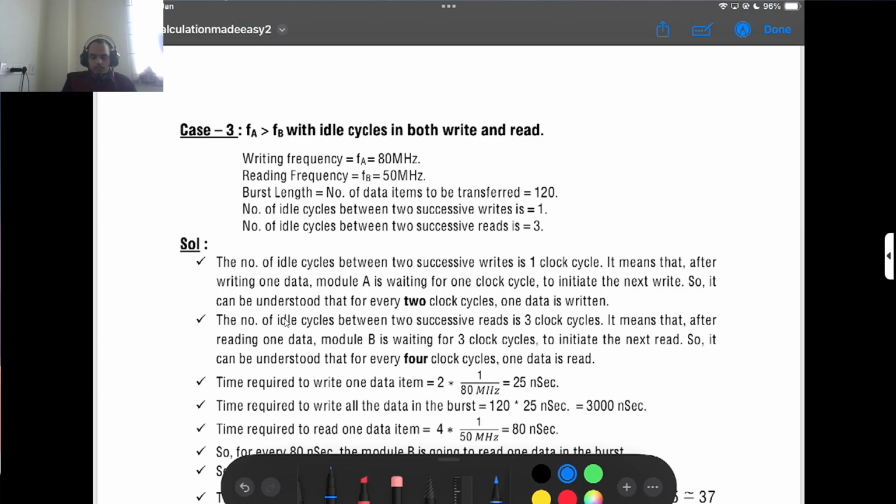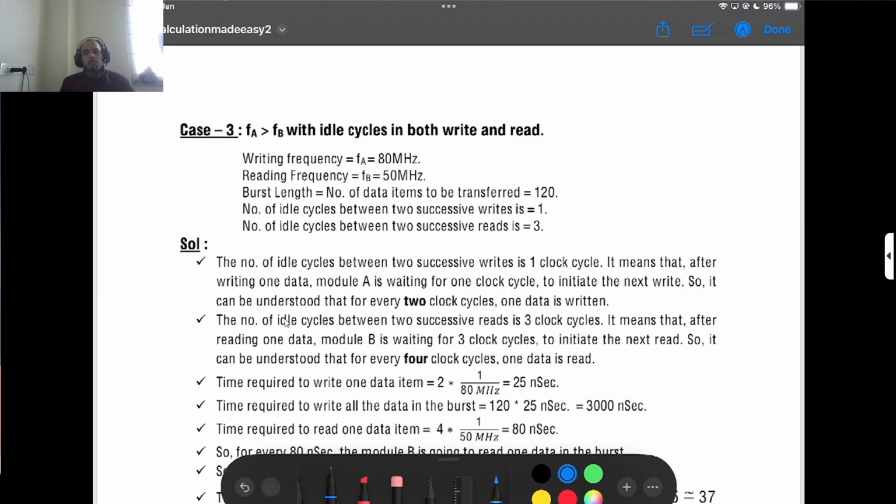What is case 3? Case 3 is FA greater than FB with idle cycles in both write and read. The writing frequency is 80 megahertz and the reading frequency is 50 megahertz, and burst length is 120.